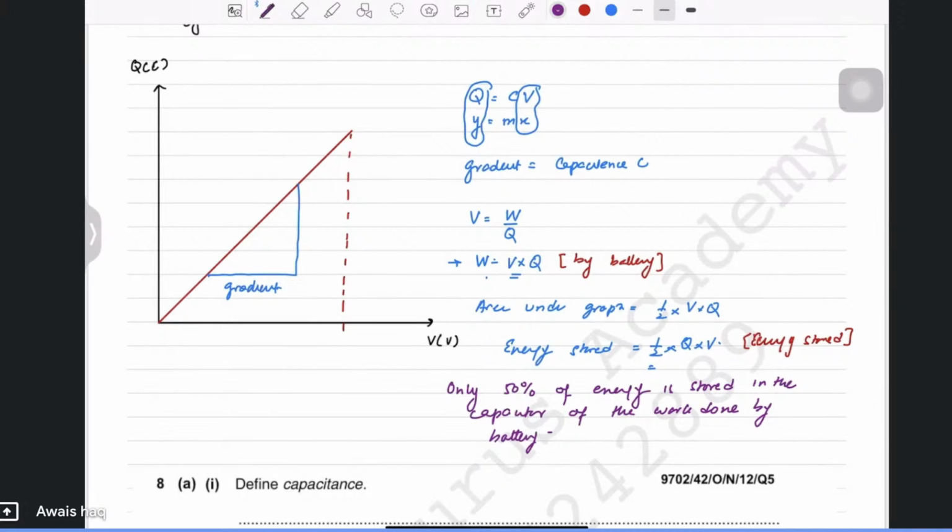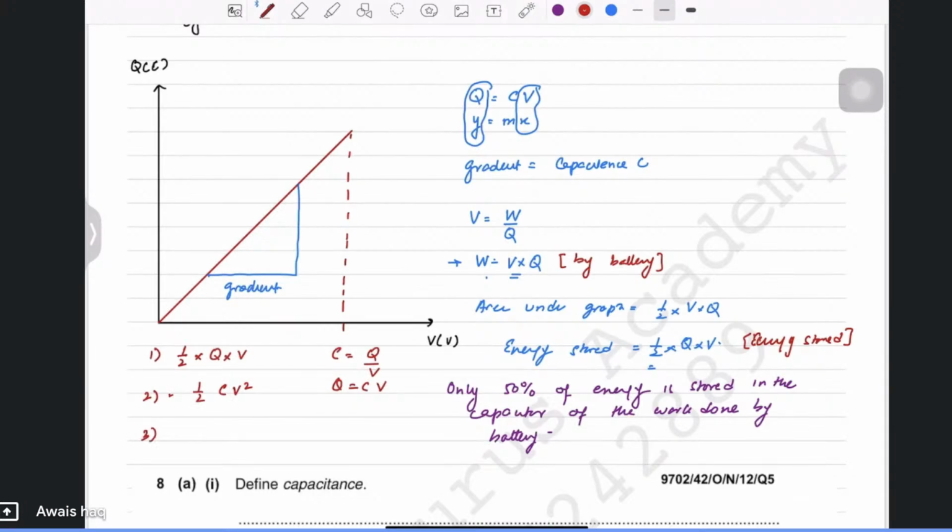Now you can modify this formula. This could be written as half times Q times V, because C is equal to Q over V. You can put Q is equal to CV, and then you're going to get half CV squared.